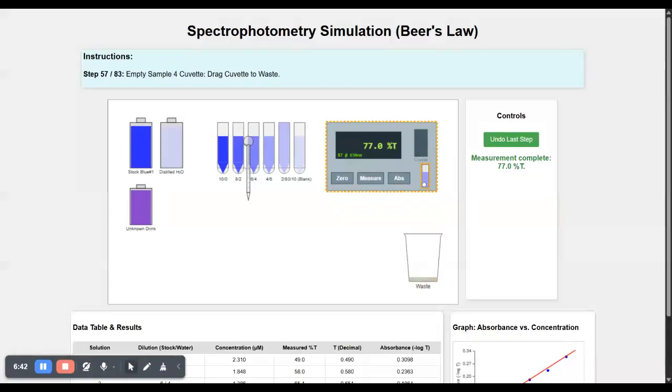Make sure you're clicking measure each time and that your dots are appearing on your graph.